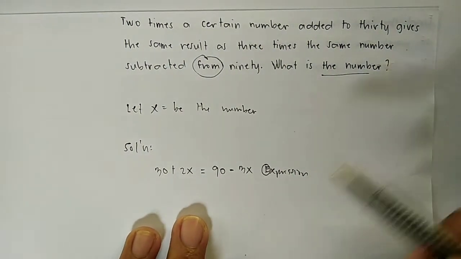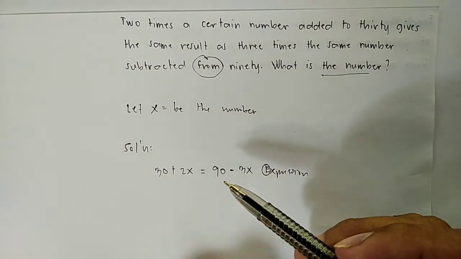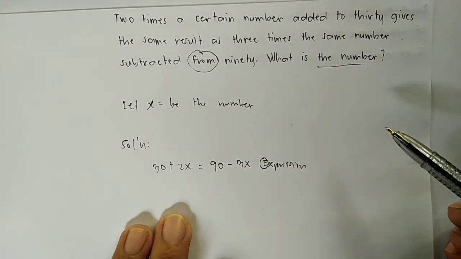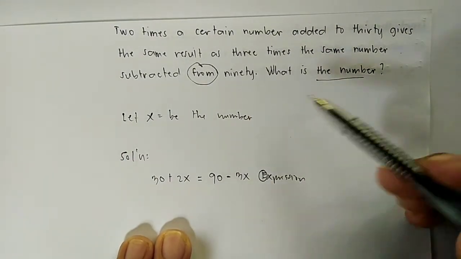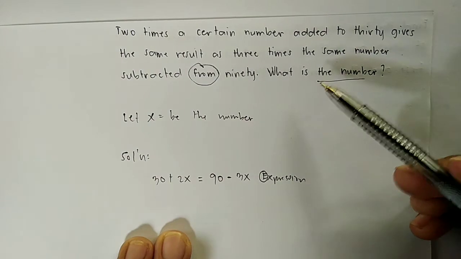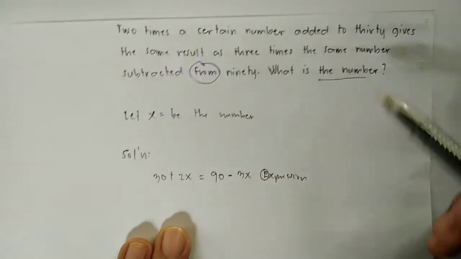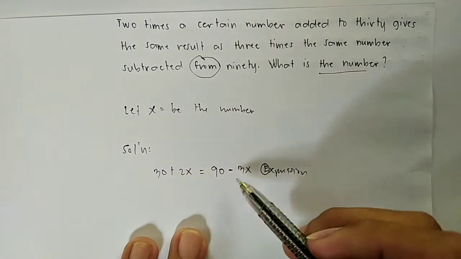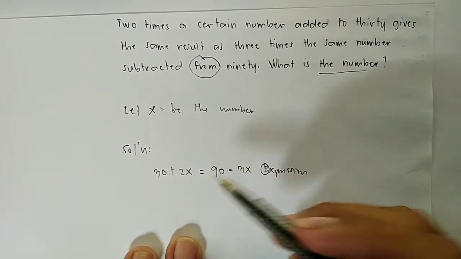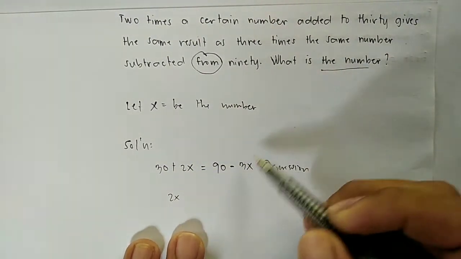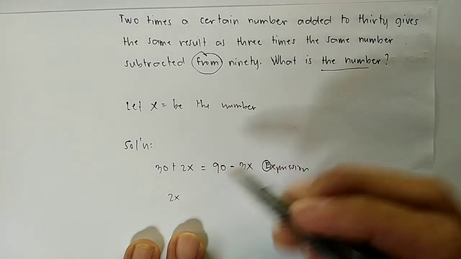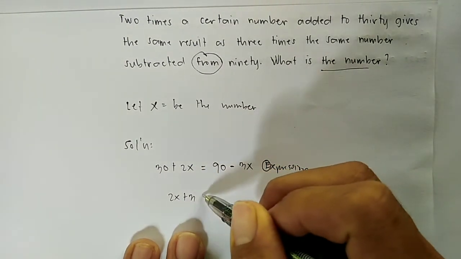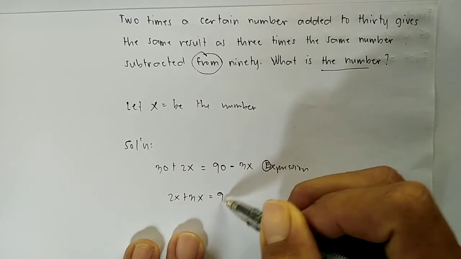Now the next step is to find the value of x, which is the number that the problem is looking for. Since we have like terms, 2x and 3x, 30 and 90, we have to combine these terms. If we transfer negative 3x to the other side, it becomes positive 3x, so 2x plus 3x equals 90.